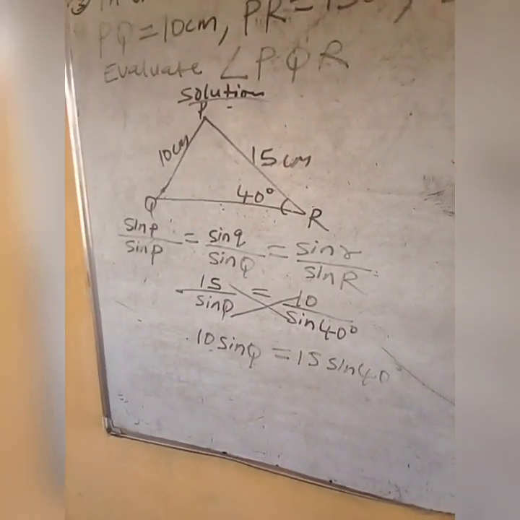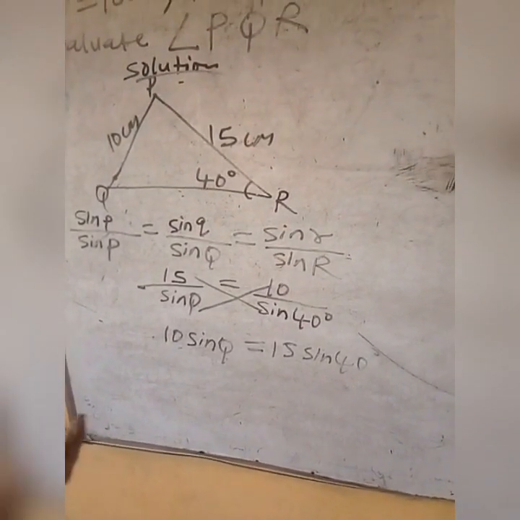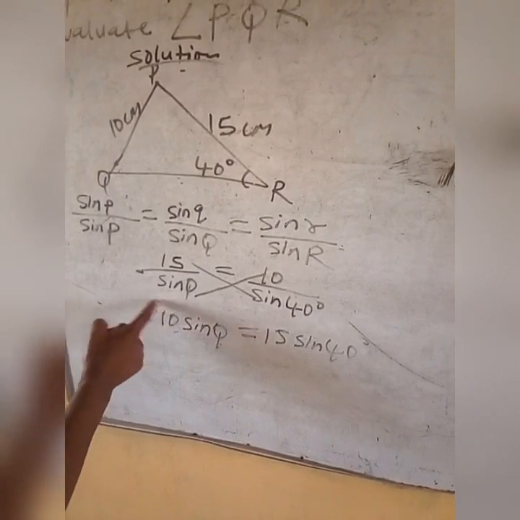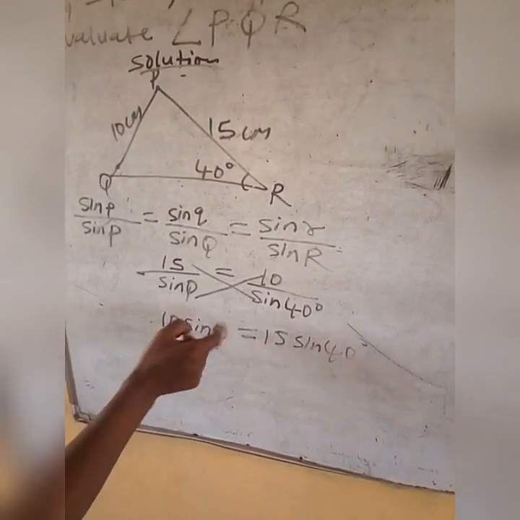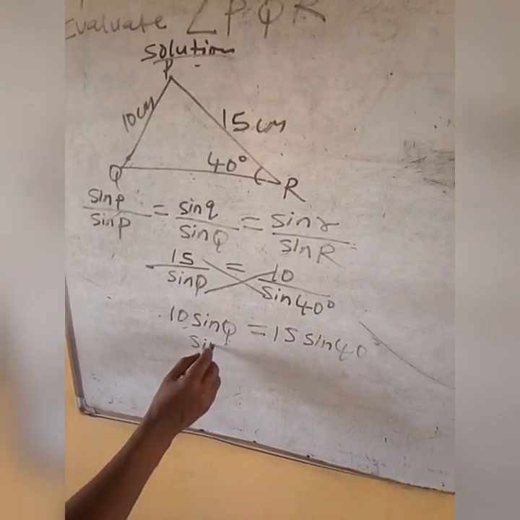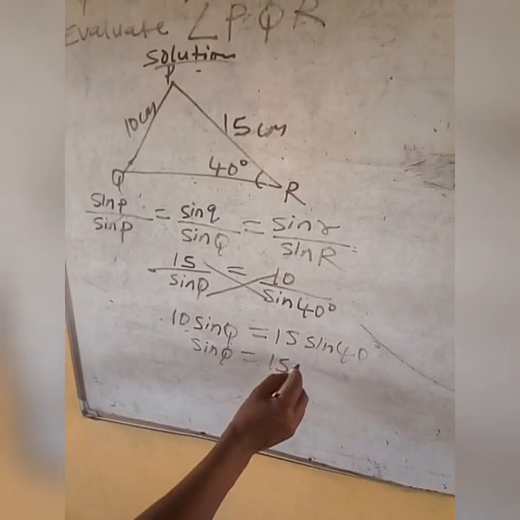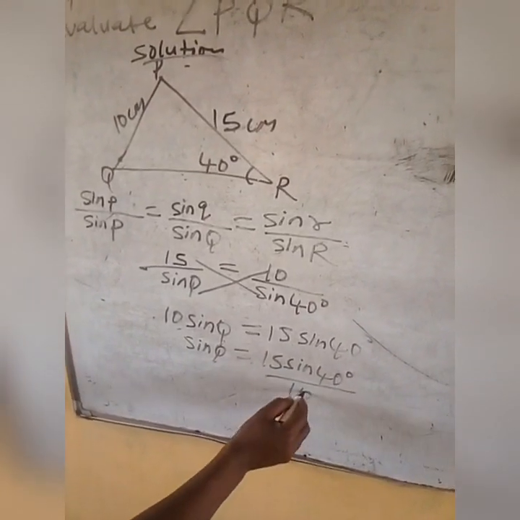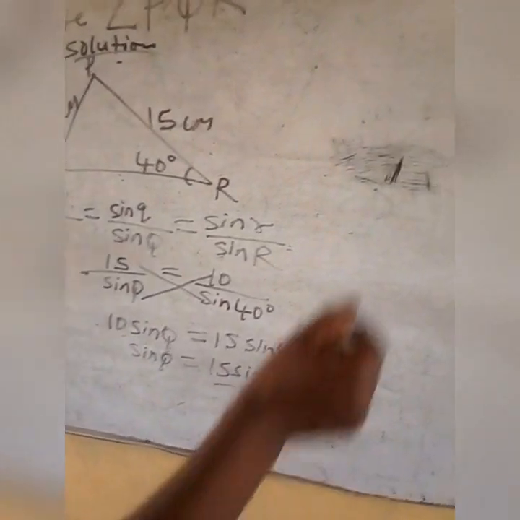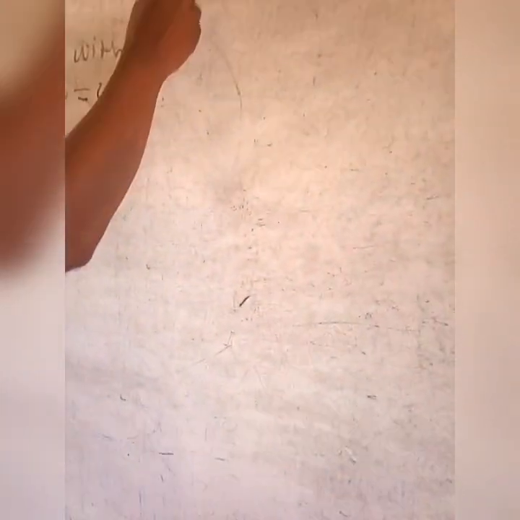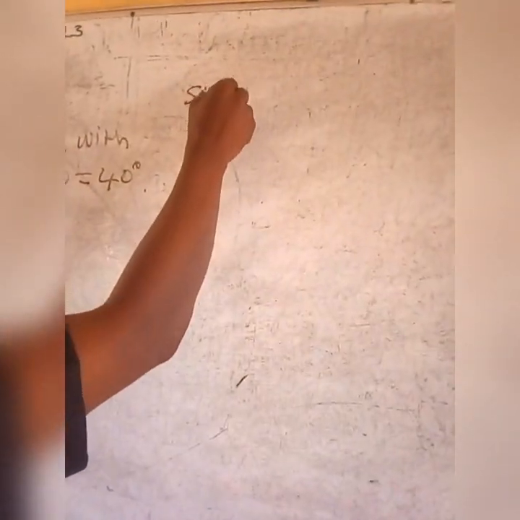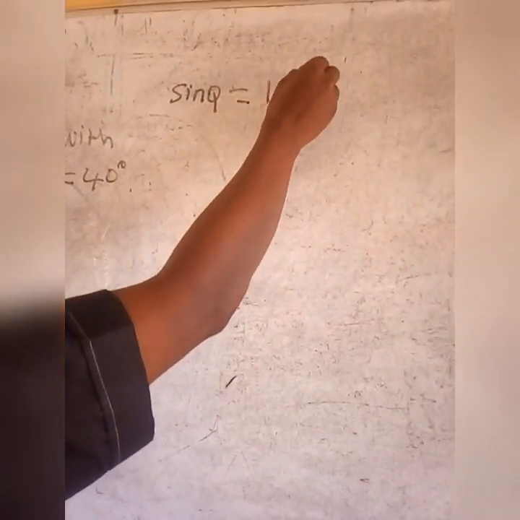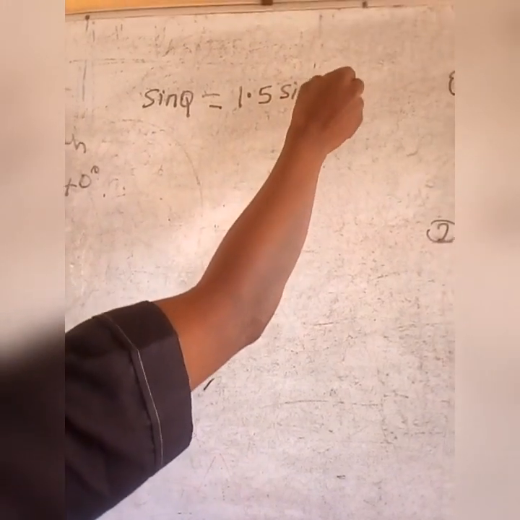Let me divide both sides by the coefficient of sine Q, so sine Q will now be equal to 15 sine 40 all over 10. If I divide 15 by 10, that gives 1.5 sine 40.